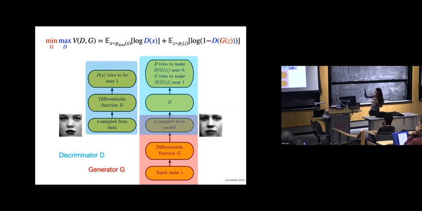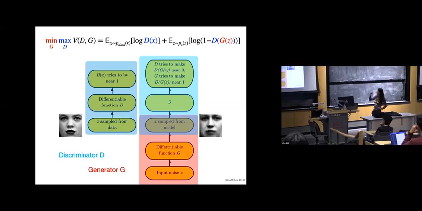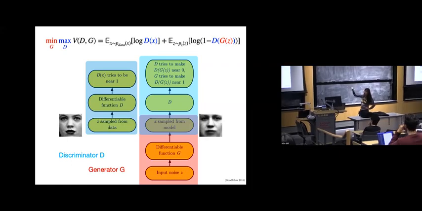Is that clear that if we do the max across D of that formula, essentially D is incentivized to assign 1 to x sampled from p-data and 0 to x sampled from the generator? Because then the D of G of z is going to go to 0.